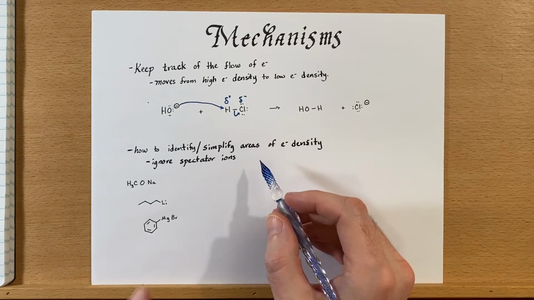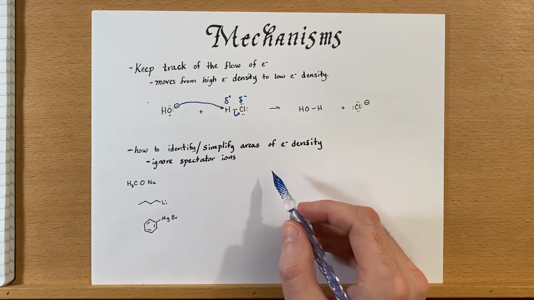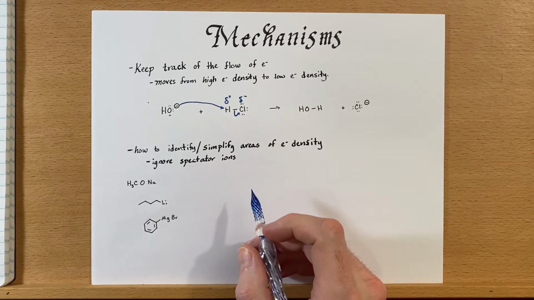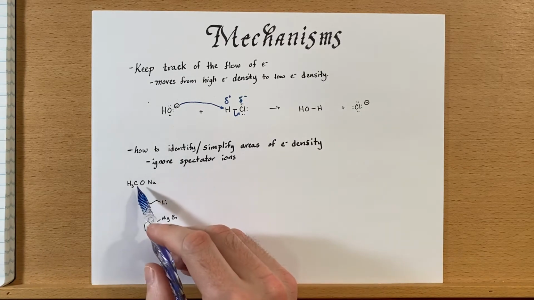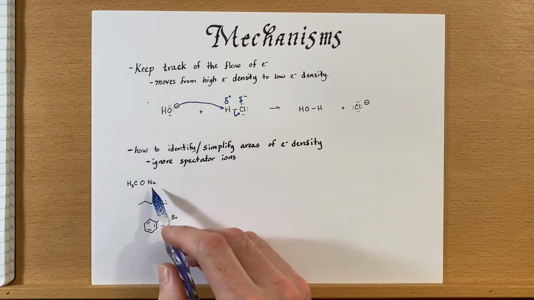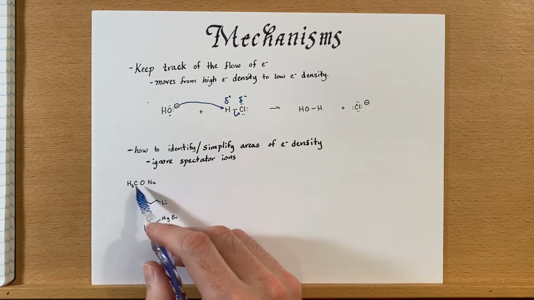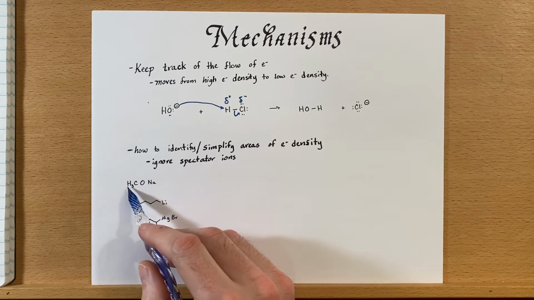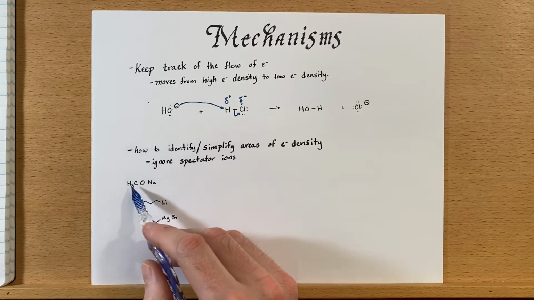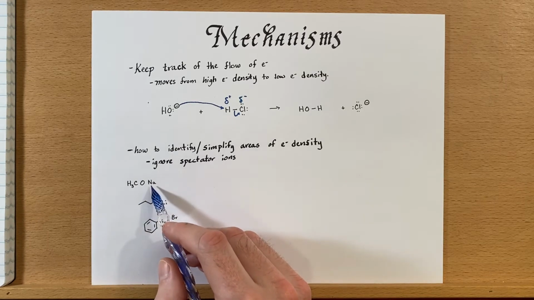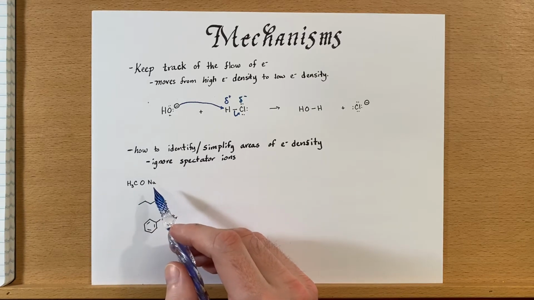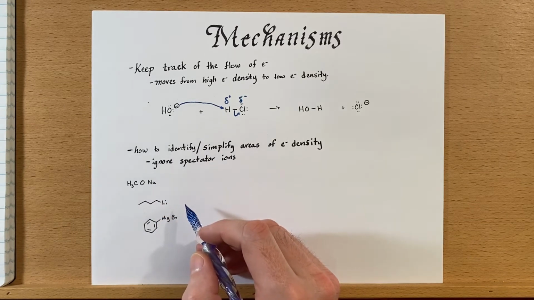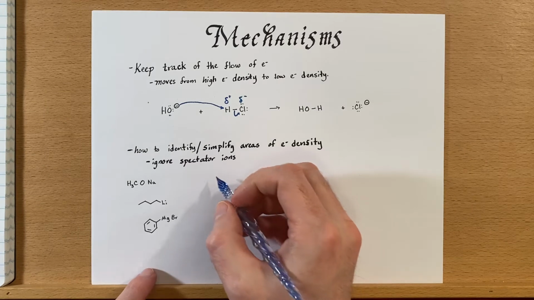Let's simplify some of these areas of electron density so that we can make our mechanisms a little easier to read. So right here we have this alkoxide, which is the sodium plus methyl and then the oxygen here. So sodium methoxide is what this would be called. Well, we could ignore this sodium to make this a little simpler in our mechanisms.